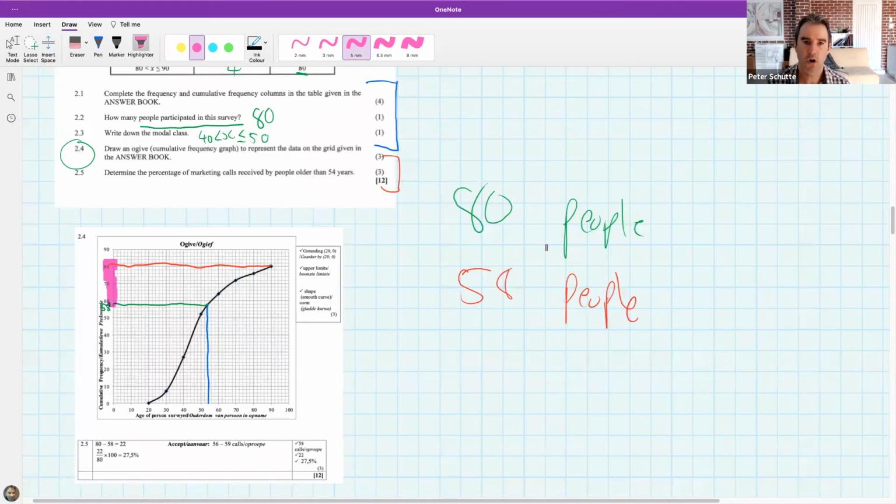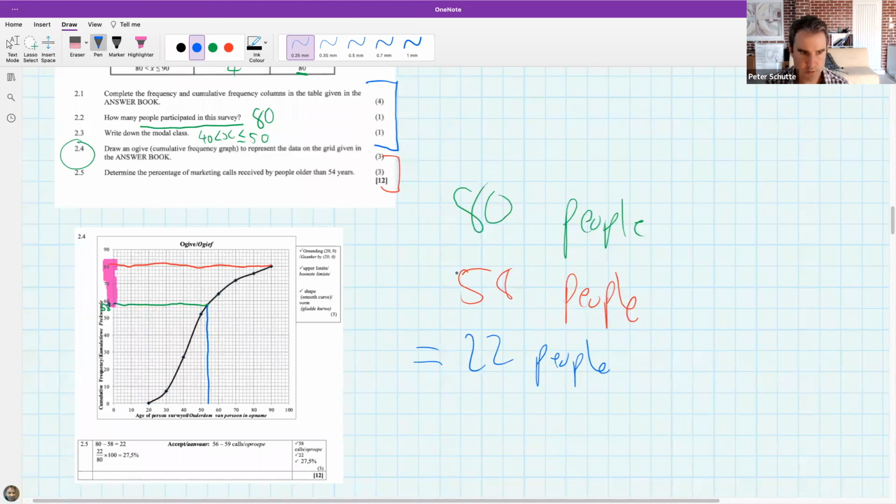So, there's 80 people in total. 58 people are younger than 54 years. How many people are older than 54? Yeah, so you go 80 minus 58, which is 22 people.